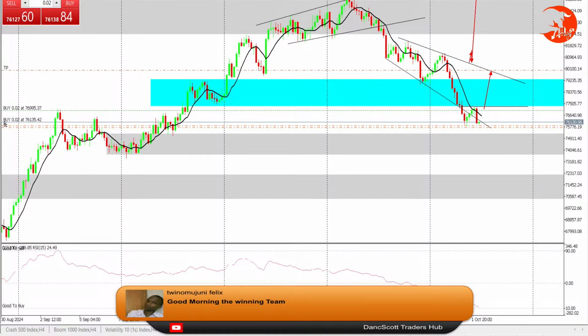Now here, the reason why I entered here, sometimes you need to know that these retests don't happen, like 5%, 10% chances, but 80-90% retest has always happened. So I was taking the 5% chance that it may not retest, but still I was looking at my lot size.